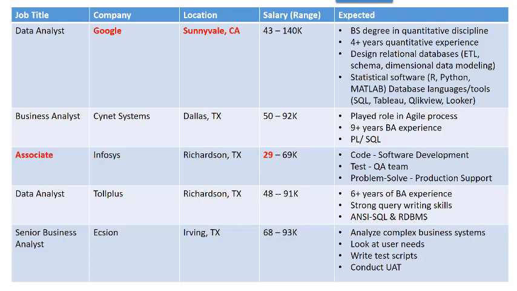Now, this might not be a typical analyst position anyway, but it is atypical of an associate position. You're doing coding and QA, testing, and problem solving for a piece of software here. So, you know, this is not typical. It might be a good opportunity, but it's definitely not necessarily comparable to some of these others.